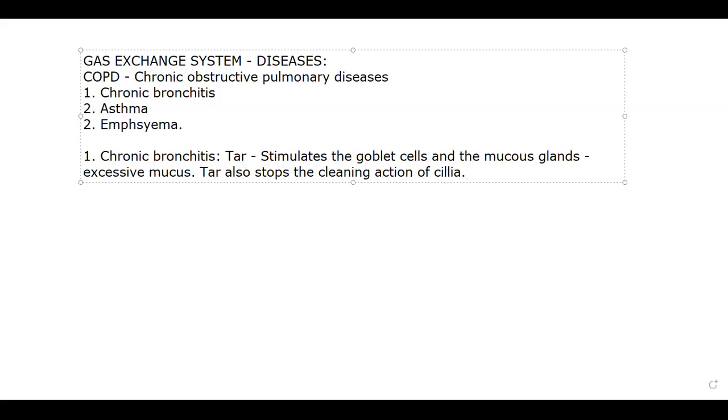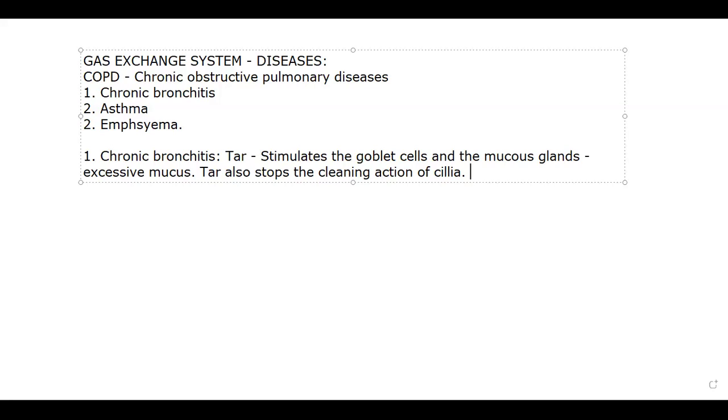So not only is it irritating the goblet cells so much that your body tries to save you from it by producing an excessive amount of mucus, but the sticky tar, because it's a very sticky material, also coats the cilia and prevents them from moving. So not only is excessive mucus being produced by your body, but your cilia are not removing it either, right?